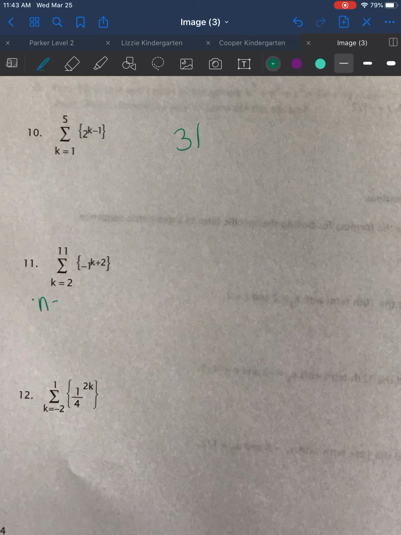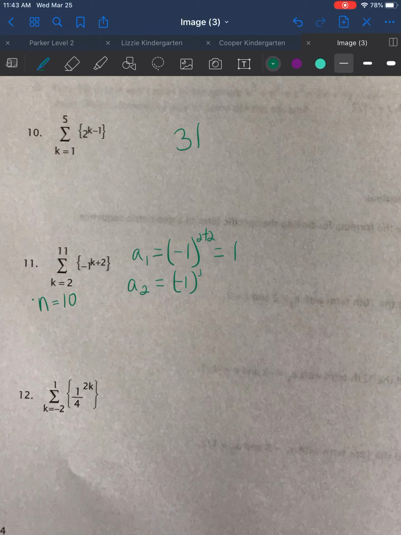N equals 10. We're going to find our first a value, a sub 1. We're going to have negative 1 to the k plus 2. So our first k value is 2. 2 plus 2, negative 1 to the 4th power is just positive 1. A sub 2, negative 1. The second term would be 3.